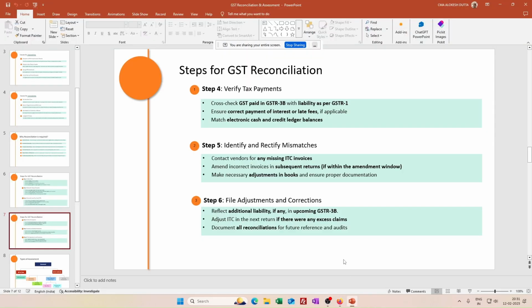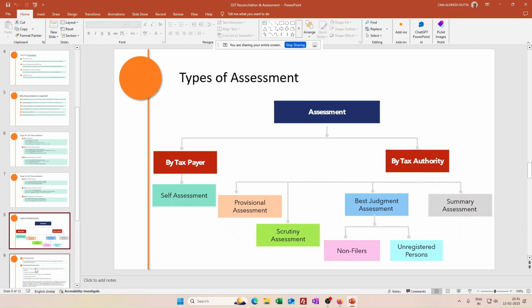Now these are the types of assessment. Assessment by the taxpayer and by the tax authority. The taxpayer can also assess, which is called self-assessment, for determining the tax liability.